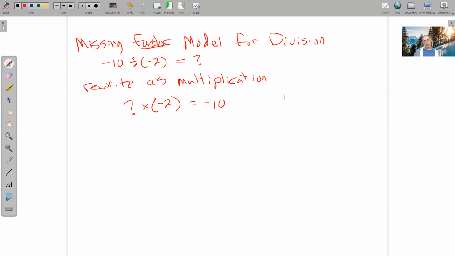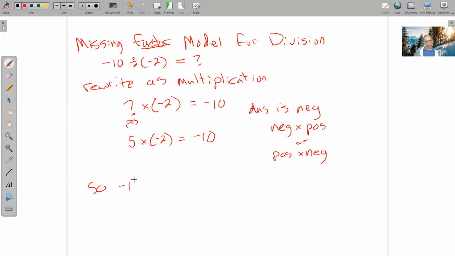And we have some rules for multiplication that if the answer for multiplication is negative, then we must have multiplied a negative times a positive, or a positive times a negative. That was our algorithm. So since the -2 is already negative, this number here has to be positive, and 2 times 5 is 10, so the answer must be 5. 5 times -2 equals -10. So -10 divided by -2 is 5.